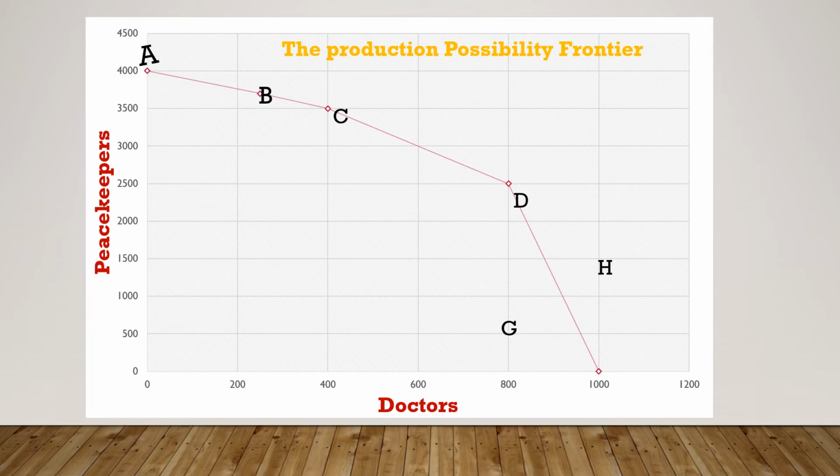In this case, we have doctors at the bottom. This will show the number of doctors that we're willing to produce and the number of peacekeepers that we're also willing to produce. As I said before, an economy can decide to produce a max of 4,000 peacekeepers and 0 doctors.